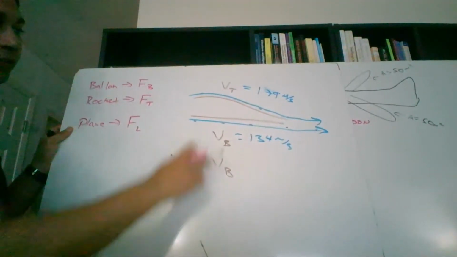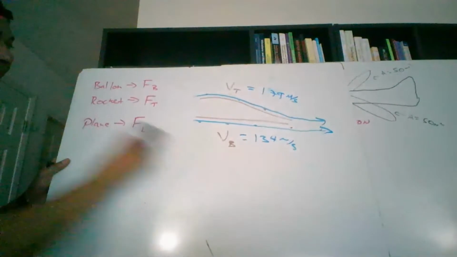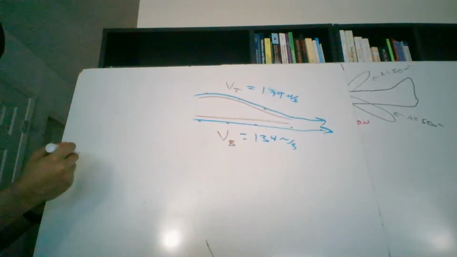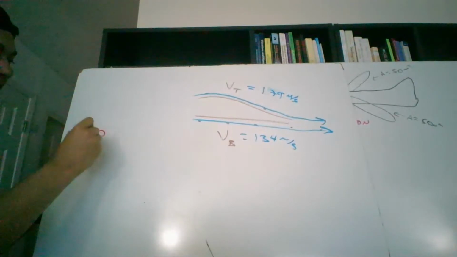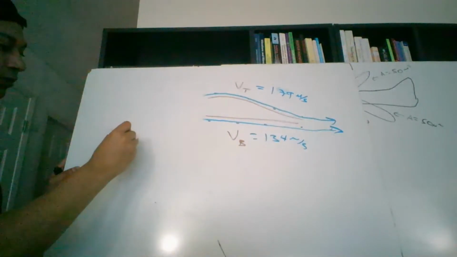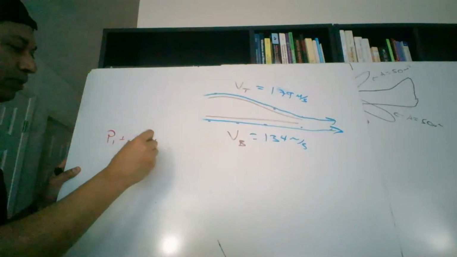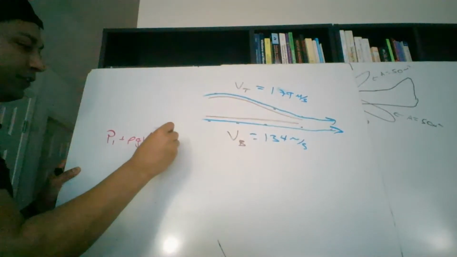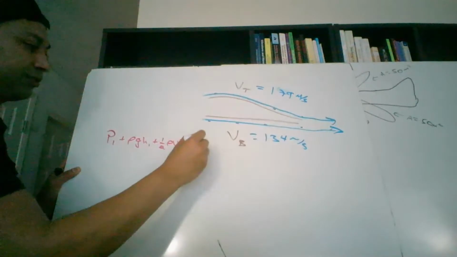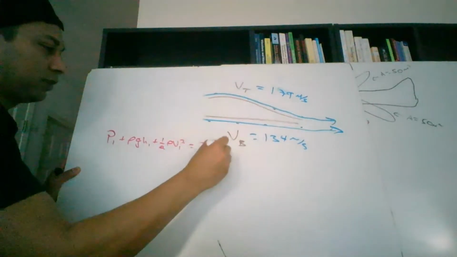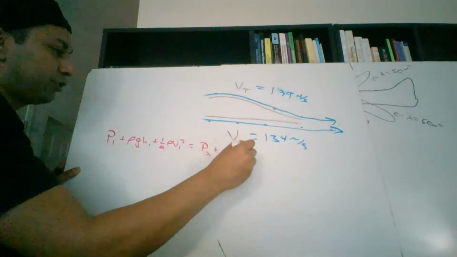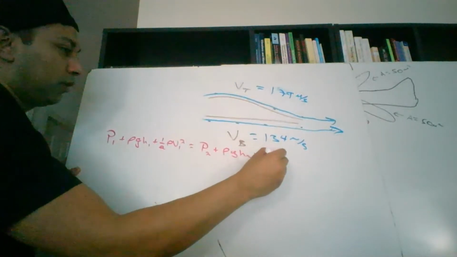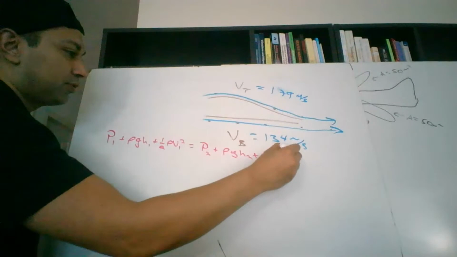The first thing I want to do is write down Bernoulli's equation. So we have P1 plus rho g h1 plus 1/2 rho v1 squared is equal to P2 plus rho g h2 plus 1/2 rho v2 squared.